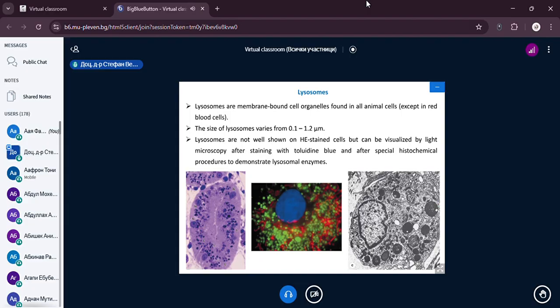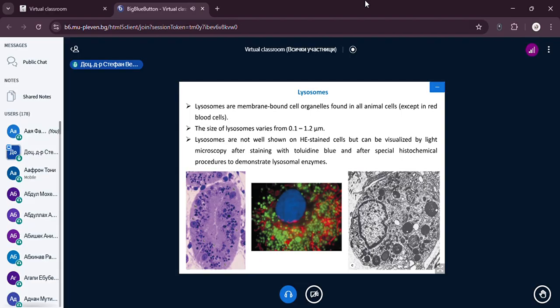This is another picture. This is a fluorescent micrograph, an image from a fluorescent microscope. The nucleus of the cell is stained blue. These red threads or granules are mitochondria.